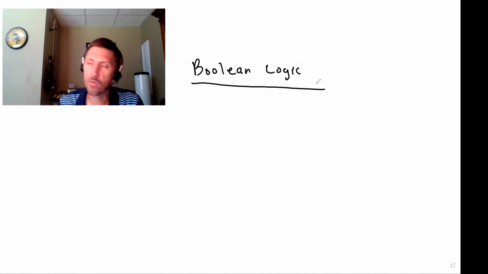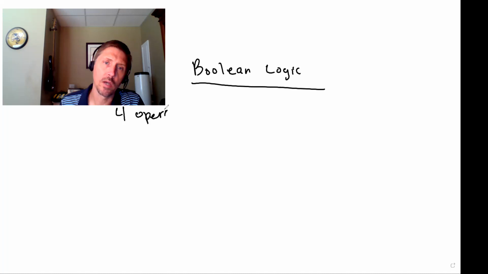And there are 4 operators in Boolean logic. When I talk about operators, I mean like when we're doing basic math in the decimal system, the operators we use are the plus and the minus and times and divided by. Those are all operators that we use.